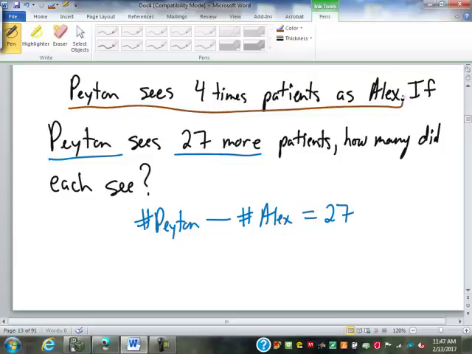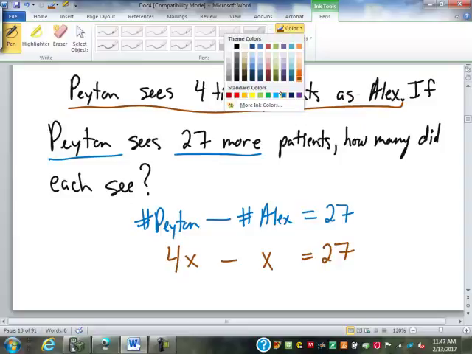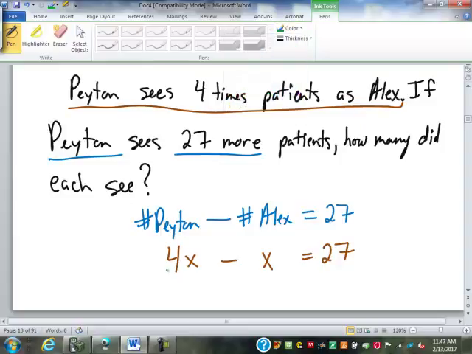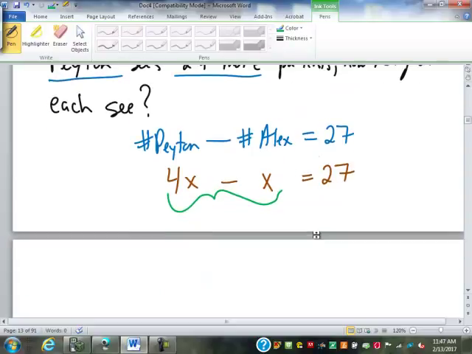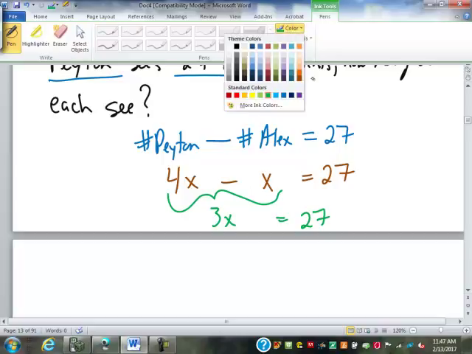So now once again, we've got to represent them both with the same variable. Peyton sees 4 times as many as Alex, so we'll let the number seen by Alex be x. Peyton will be 4x, and that still equals 27. So if we can combine here, 4x minus x gives us what? 3x. Good. So 3x equals 27. And then what do we have to do?